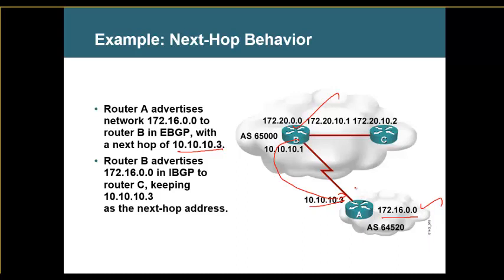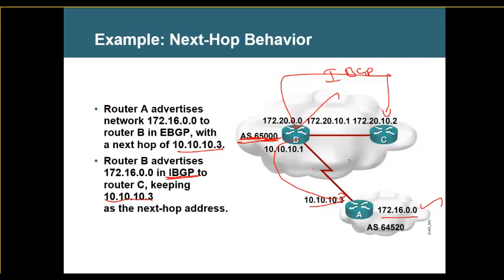Now, when B advertises the same network to its IBGP neighbor, what is the relationship between B and C? It's IBGP. They are in the same autonomous system, 6500. It keeps the next hop.